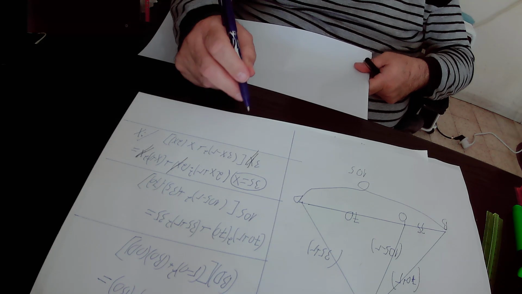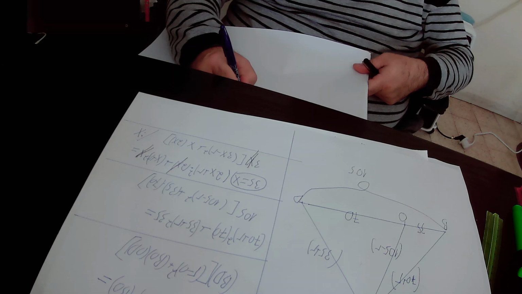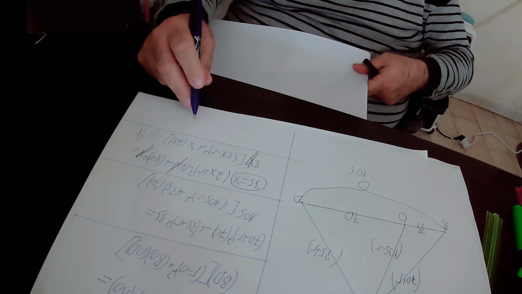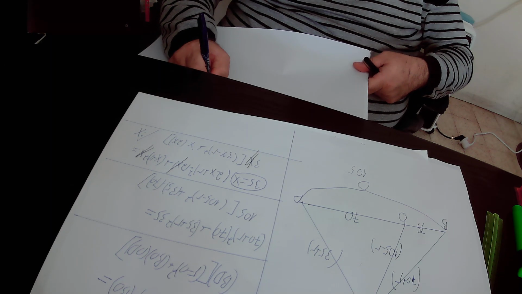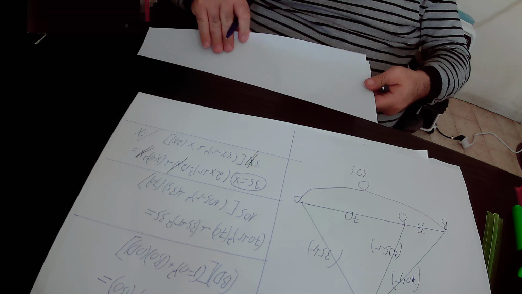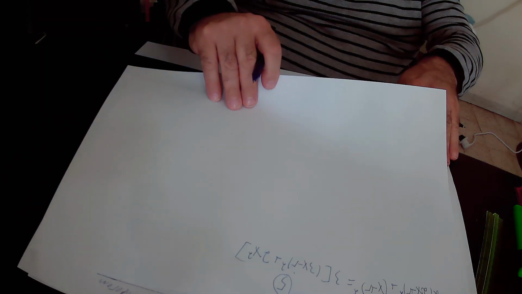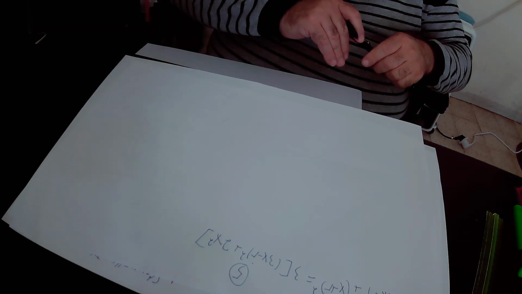Inside the brackets we have 3x minus R squared plus x times 2x is 2x squared. Here we close the brackets. So this is the equation after we divided the original equation by x.